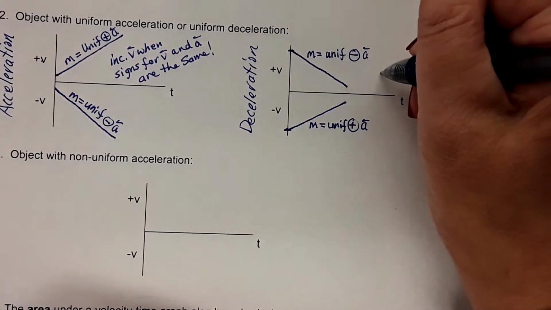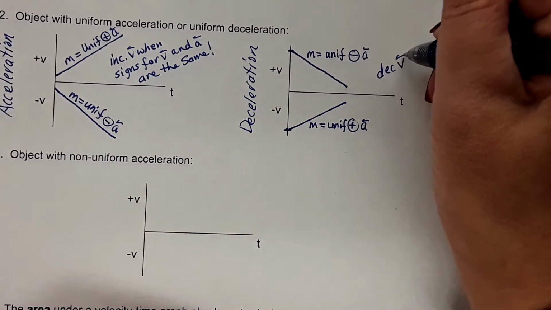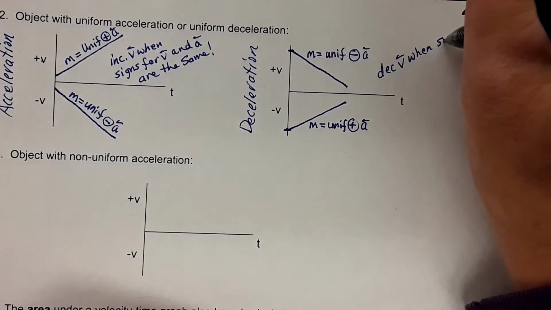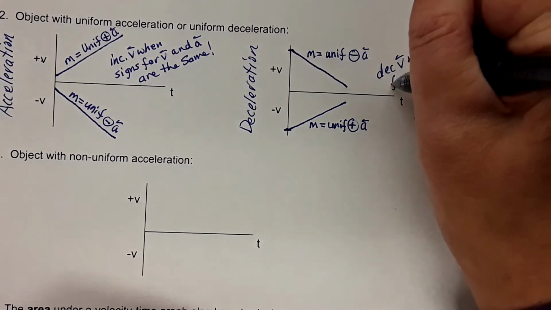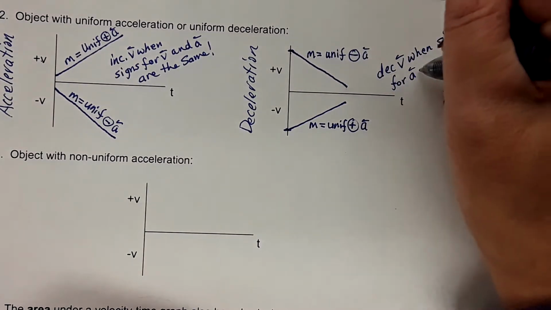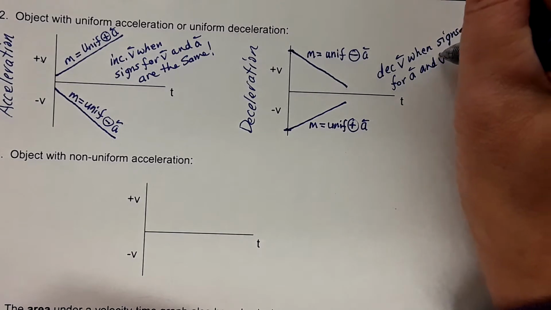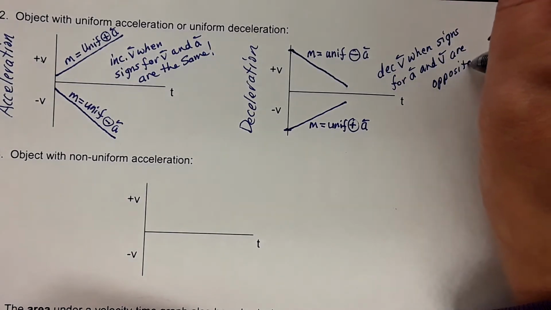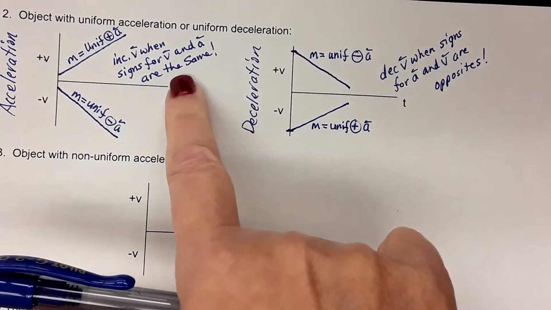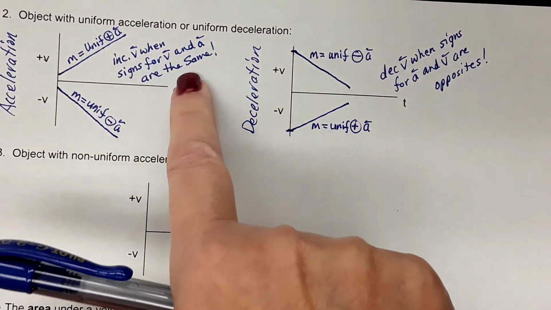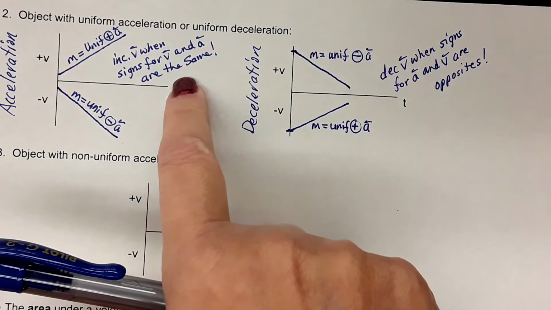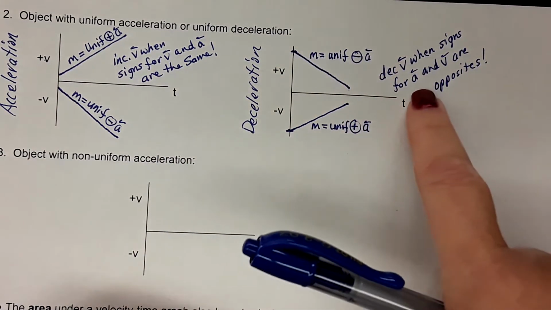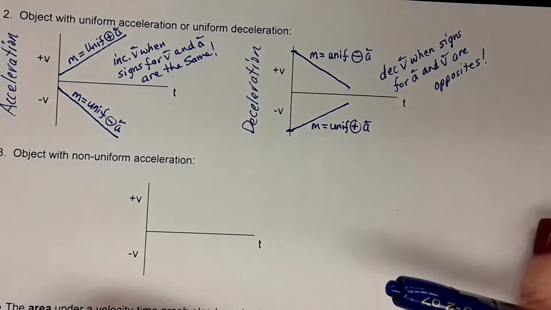So here, when you have decreasing velocity, it's because the signs for the acceleration and the velocity are opposites. Okay? Same sign, you accelerate. Your velocity gets bigger. It increases. Opposite signs, you're decelerating. Your velocity is getting smaller.